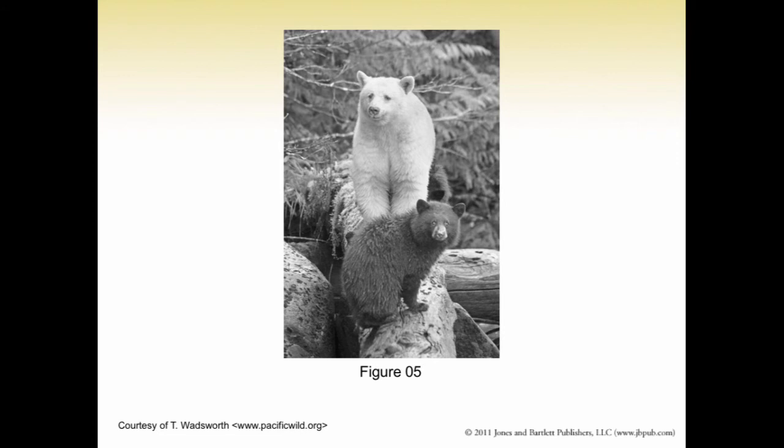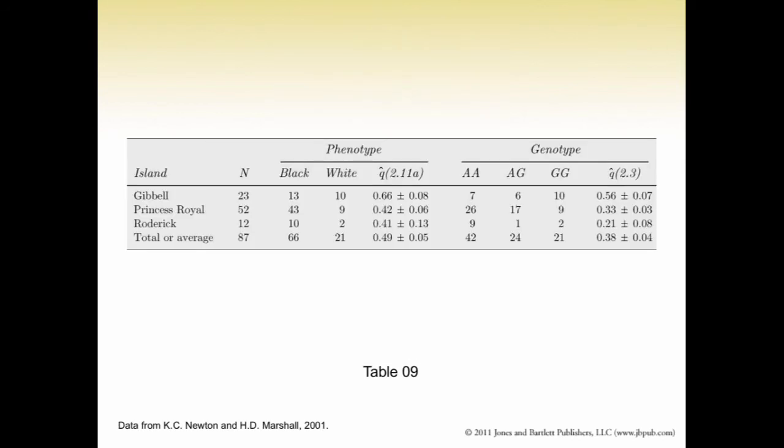An interesting one are the spirit bears of British Columbia, where you get white-colored grizzly bears. In some populations, it's caused by a single gene. And here is some data from this paper showing these phenotype and genotype frequencies.